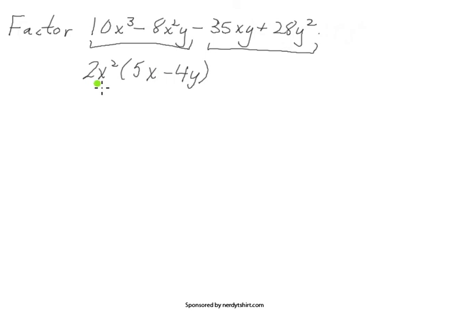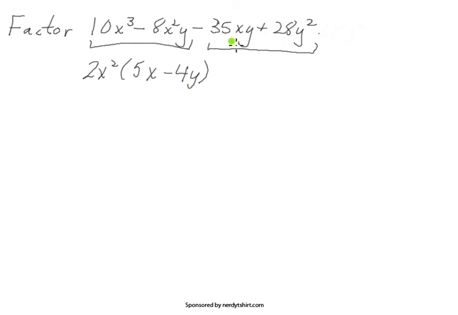And with that completed little greatest common factorization on the first group, now move on to the second group, treat that as now its own little separate polynomial, and try to run a greatest common factorization on it. And you'll have a successful grouping if this exact same leftover polynomial piece, 5x minus 4y, is left behind. Then you can actually finish things off by a binomial greatest common factor approach.